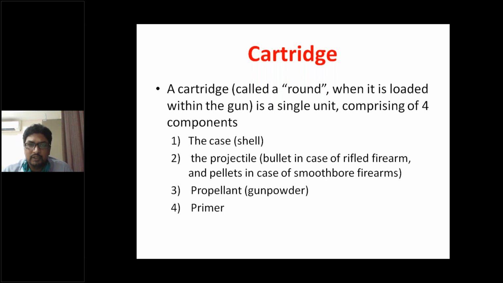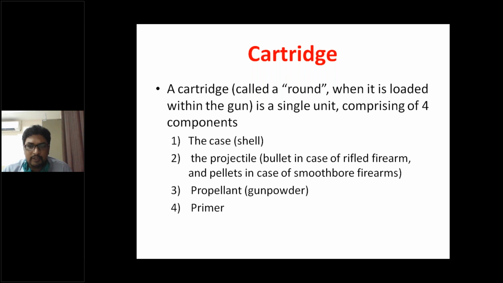The cartridge is the whole part, and sometimes it is called a round. In newspapers you might have heard that the police has fired about 3 rounds. 3 rounds means they have used the cartridge for 3 firings. A cartridge is called a round when it is loaded within the gun.